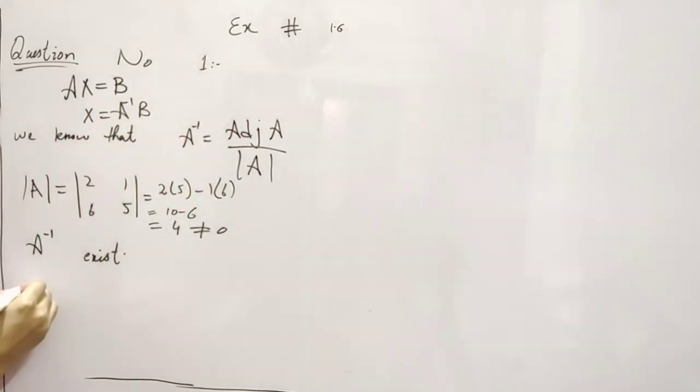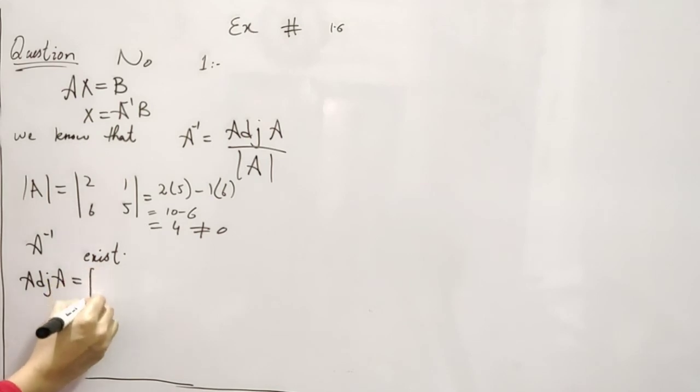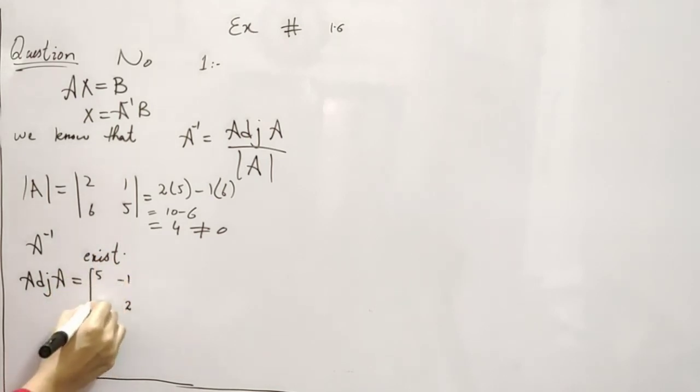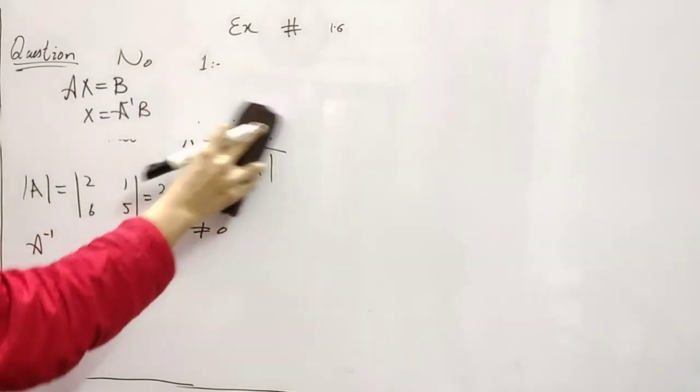Now we find the adjoint of A, which will be equal to [5, -1; -6, 2]. Now put these values in this equation.